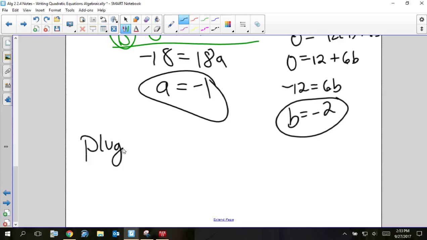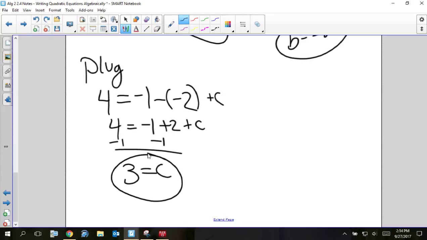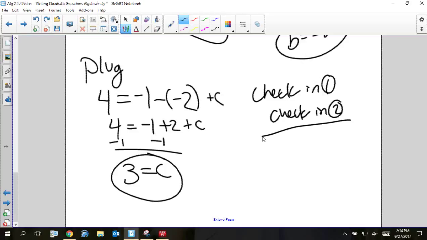Yeah, I'm thinking 2 also. 4 equals A minus B plus C. And then from there, you're going to want to check it. You want to check it in 1. You want to check it in 2. Time-wise, I'm skipping the check because I'm right, okay?